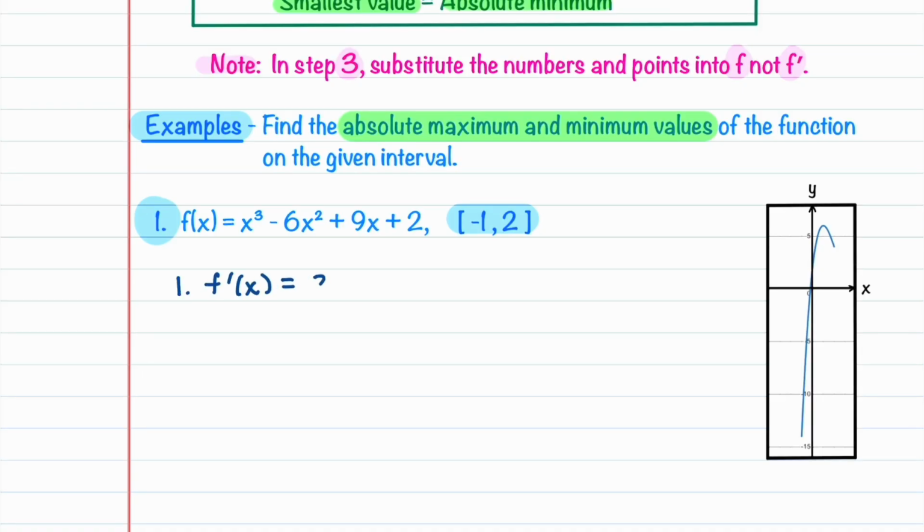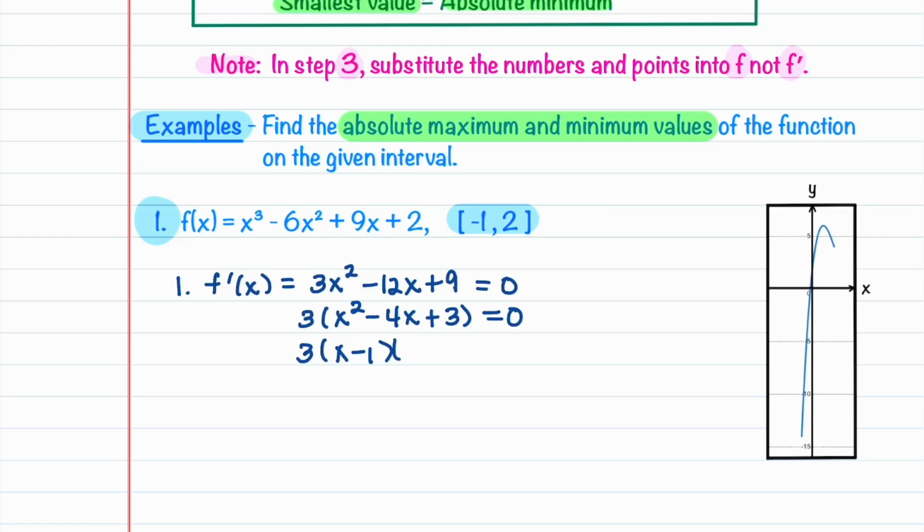So we're going to start by taking the derivative. Our derivative is going to be 3x squared minus 12x plus 9, and we are going to set that equal to 0. We're going to need to factor this, but notice that there's a 3 common to each term, so let's go ahead and pull that out. So this is x squared minus 4x plus 3 is equal to 0, and we can factor this as an x minus 1 and then an x minus 3.